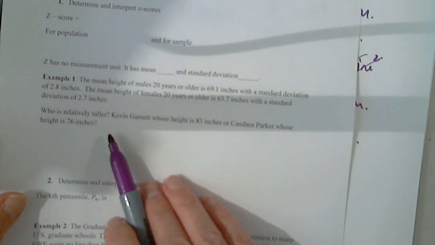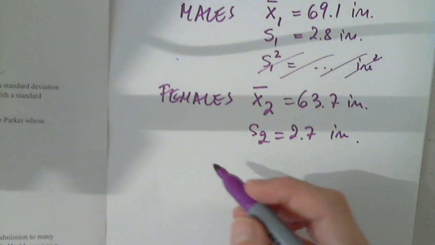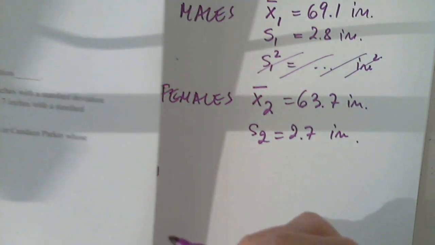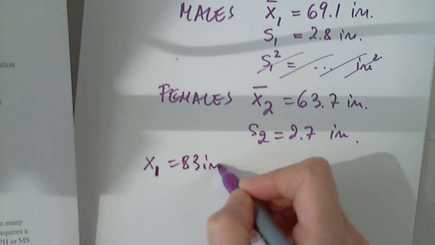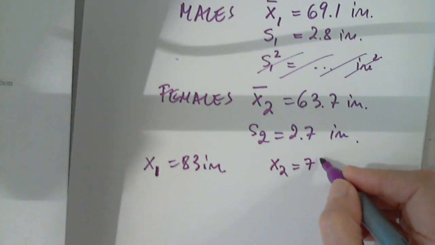Okay, so now, who is relatively taller? Kevin, from the males, whose height is x1, 83 inches, or Candace, whose height is x2, 76 inches.